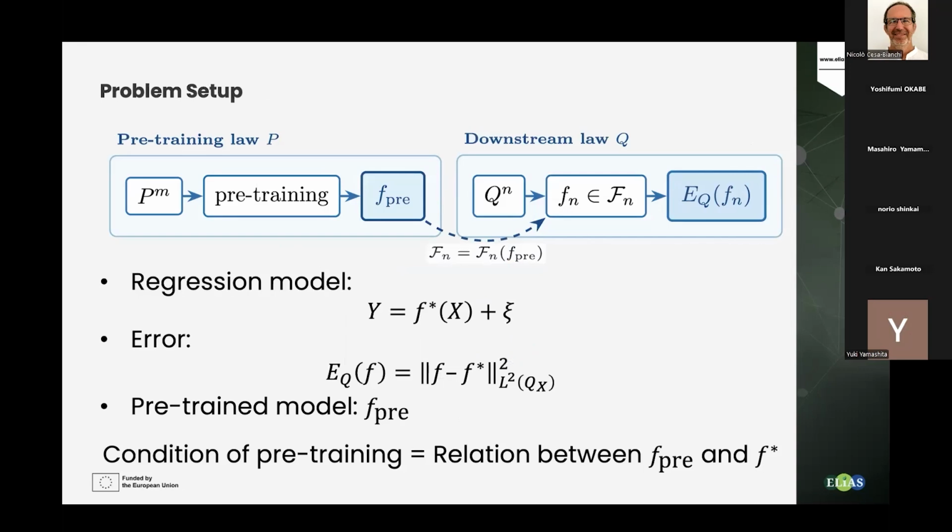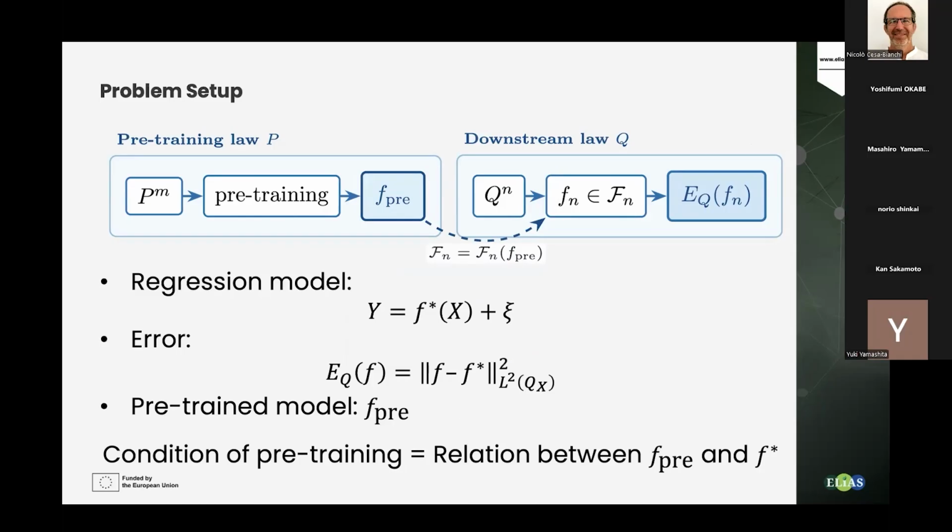So let me explain the problem setup. We are thinking of pre-training and a downstream learning task. We use M samples for constructing the pre-trained feature, and N samples to construct the regressor for the downstream task.